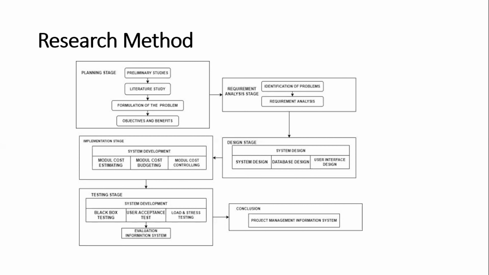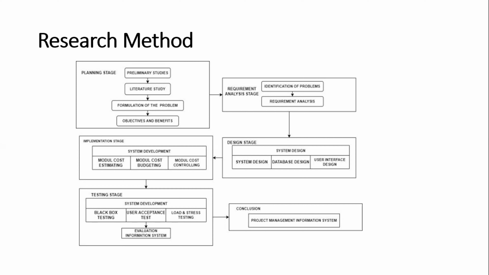The next stage is the implementation stage, including the system development, and there are three models: the first model is cost estimating, the second model is cost budgeting, and the third model is cost controlling.